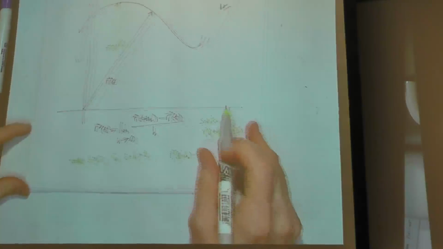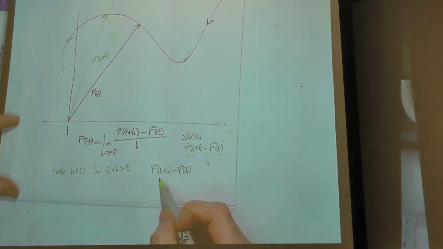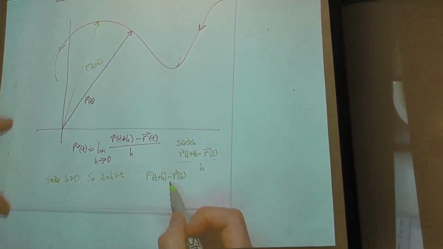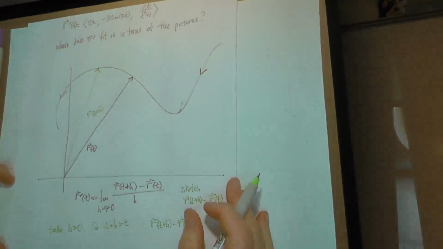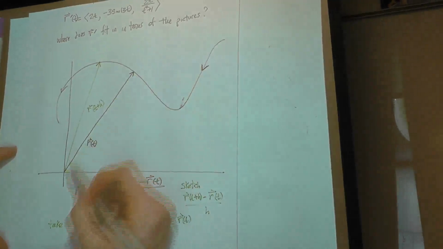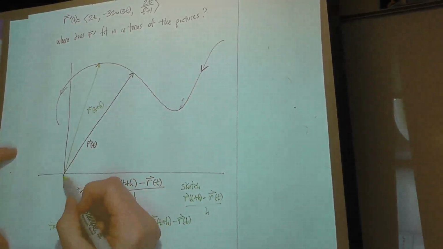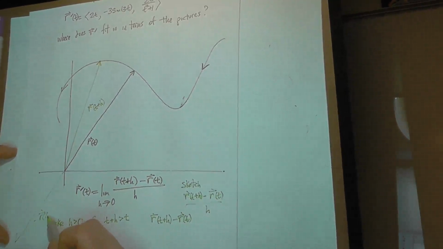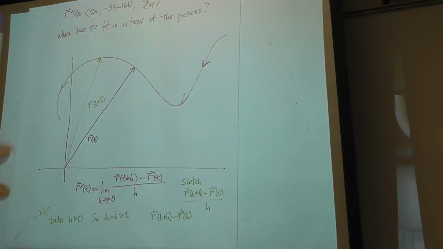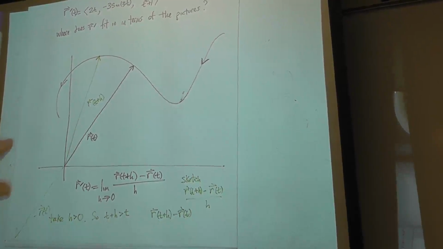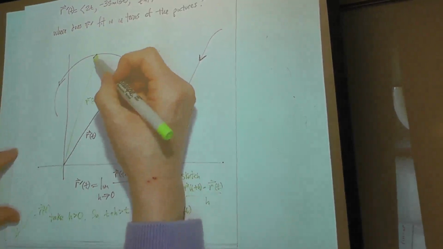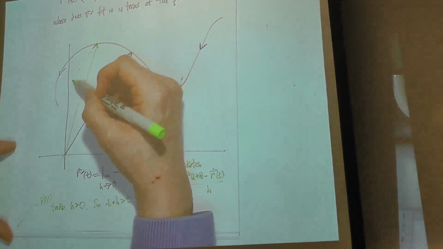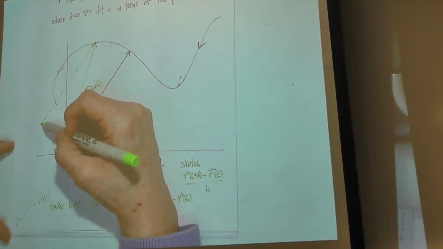And the way in which I like to think about it, I think the book even says to do this, write this as plus a minus R of t, because addition is easier. So here's R of t. Down this way would be minus R of t, and then I would bring this up like this.